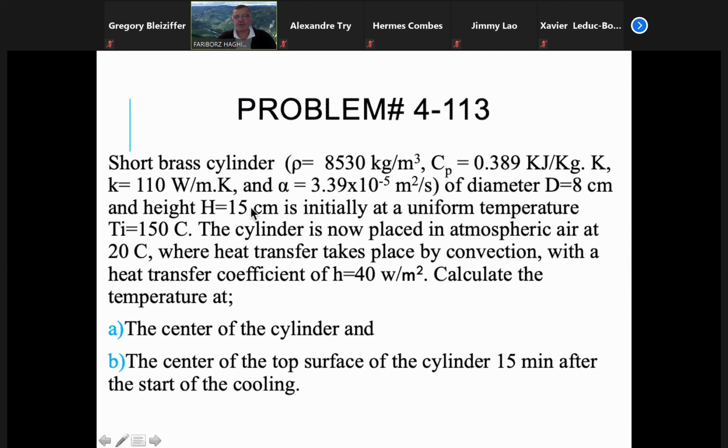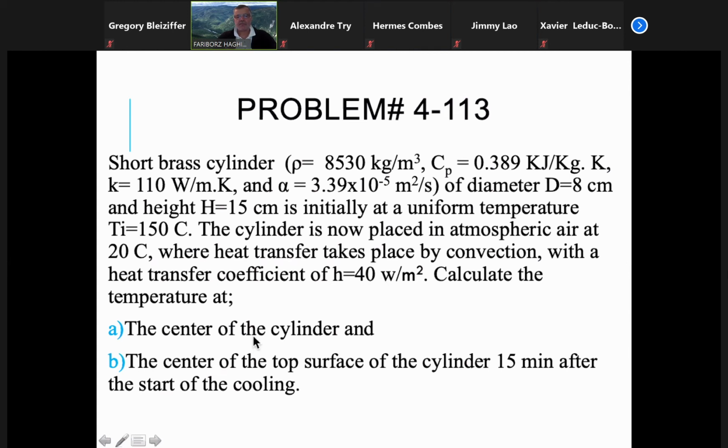Therefore, this is a short cylinder that initially is at 150 degrees, okay? Initially it is at 150 degrees, and we place it in an environment that starts to convect heat transfer at 20 degrees, okay? Therefore, we take the cylinder at a temperature of 150 and place it in the room where the temperature is 20, and the convective heat transfer coefficient is 40.